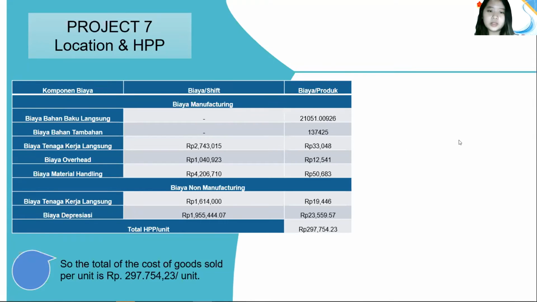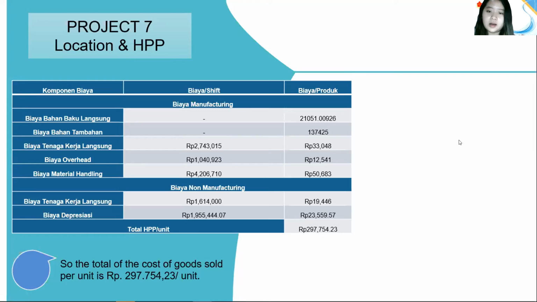We also calculated the cost of additional material, which totals 137,425 rupiah. Direct labor cost is the total salary per shift for production operators, which totals 2,743,15, and the cost per production is calculated to be 33.48 rupiah.